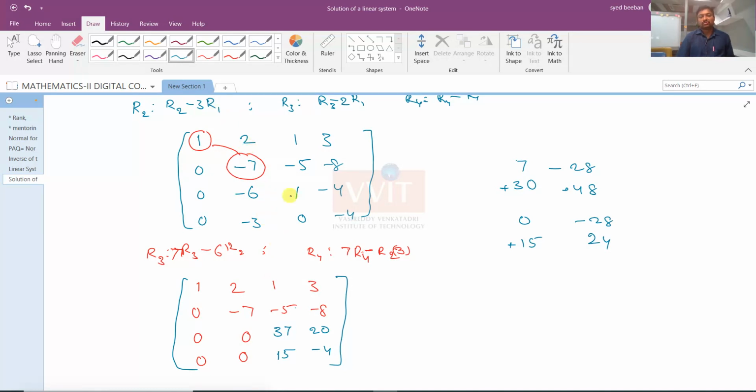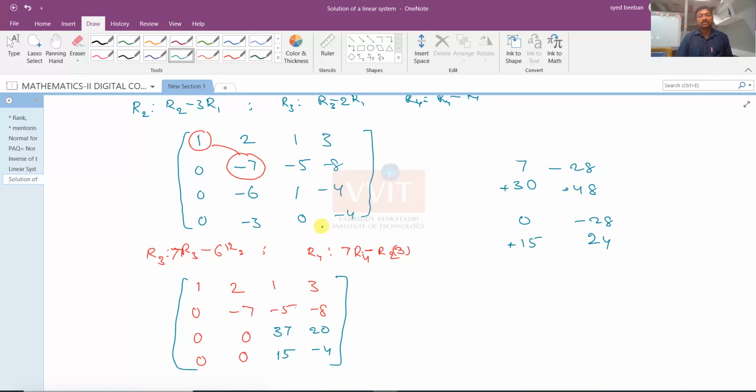So once again, 7 times R3 means 7 times minus 4, minus 28. Now 6 R2: already here is a minus, so minus of minus plus, 6 fives are 30, minus of minus plus, 6 eights are 48. Adding that, 7 plus 30 is 37, minus 28 plus 48, so plus 20 I get.